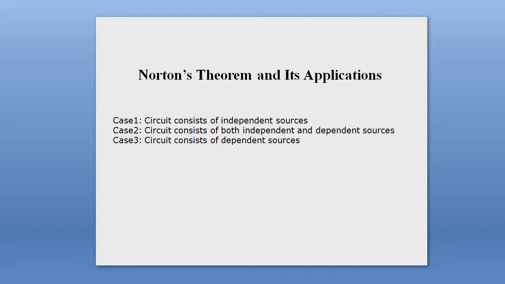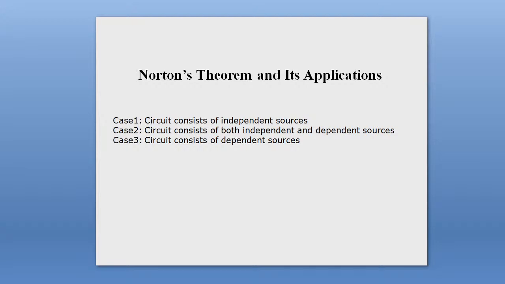So let me tell you what Norton's theorem is. If you know Thevenin's theorem, then you can easily understand Norton's theorem, because Norton's theorem is nothing but the equivalent representation of a circuit in terms of a current source and a resistance connected in parallel to the current source.